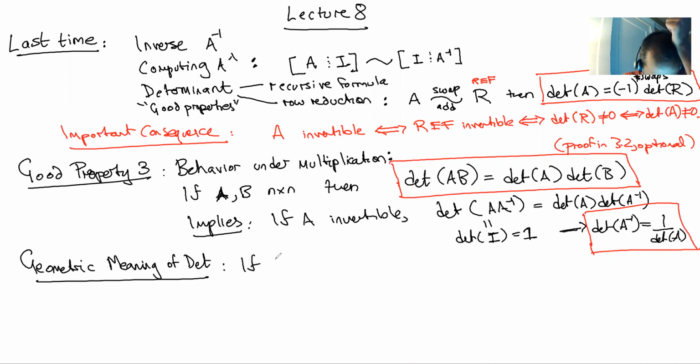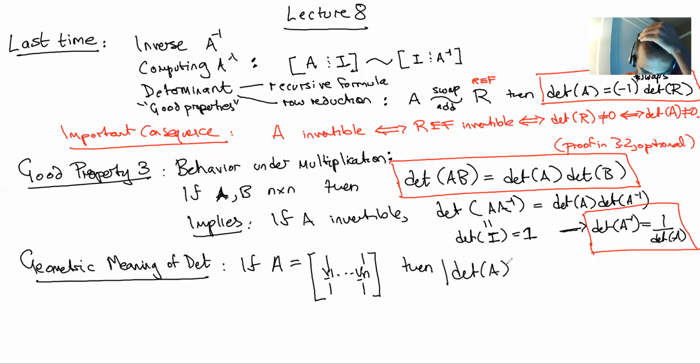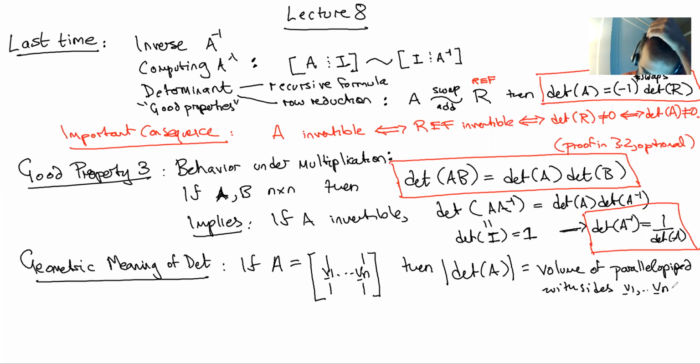It says, if you have a matrix that's n by n, and its columns are v1 through vn, then the determinant of A, its absolute value, that's a non-negative number, is the volume of the parallelepiped with sides given by v1 through vn. Okay, so this is a subset of Rn.